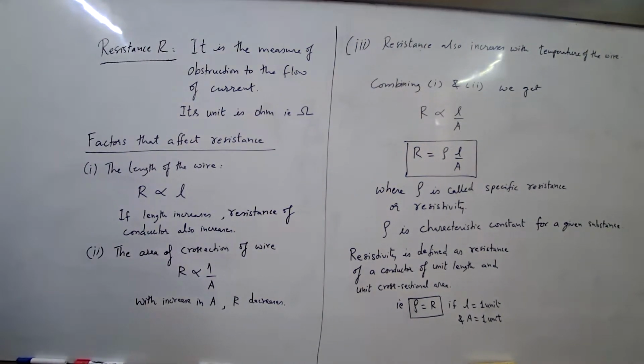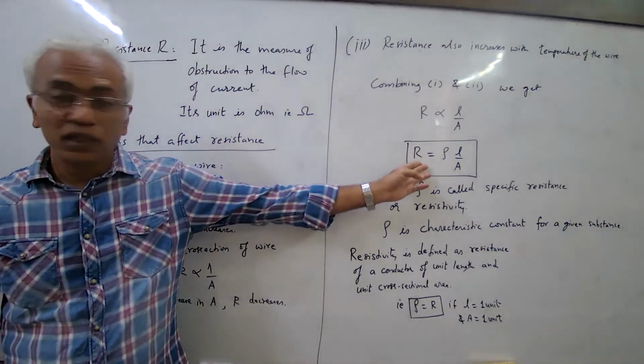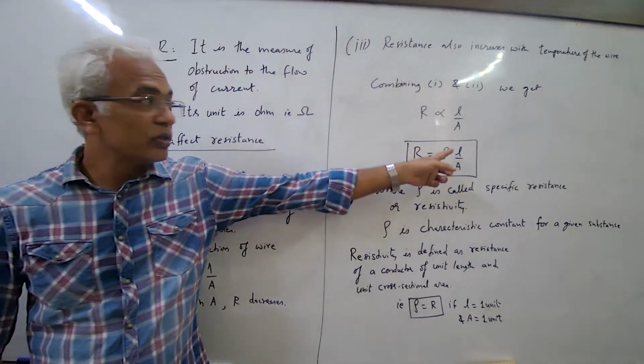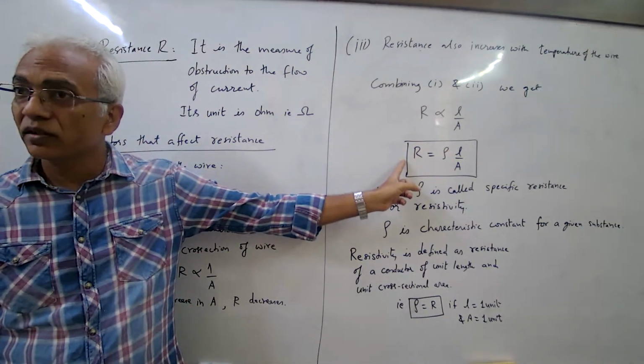Understand and write. So what is resistivity? Read. Resistivity is defined as the resistance of a conductor of unit length and unit cross-sectional area. So if this is the expression for resistivity, if I put L as 1 and A as 1, then resistivity becomes resistance.